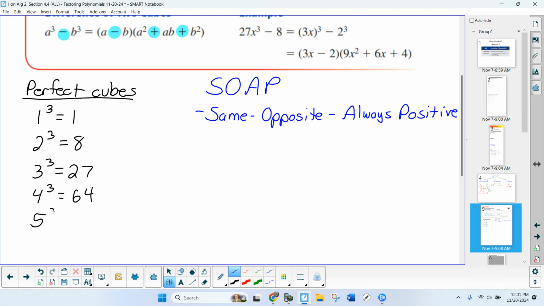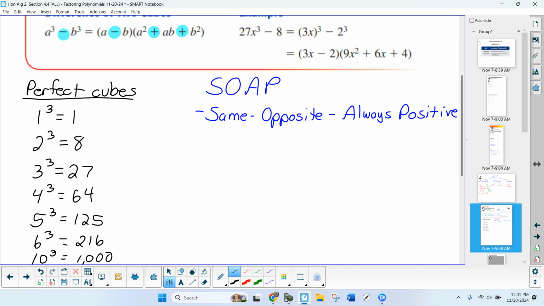What's 5 cubed? What's 5 times 5? 25 times 5 is 125. What's 6 cubed? 216. And the other one that you'll sometimes see is 10 cubed. That's just a 1 with 3 zeros, so 1,000. So those are some of our perfect cubes.